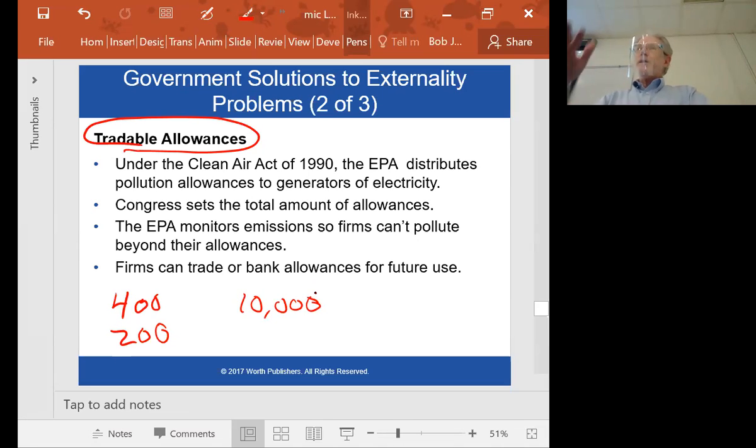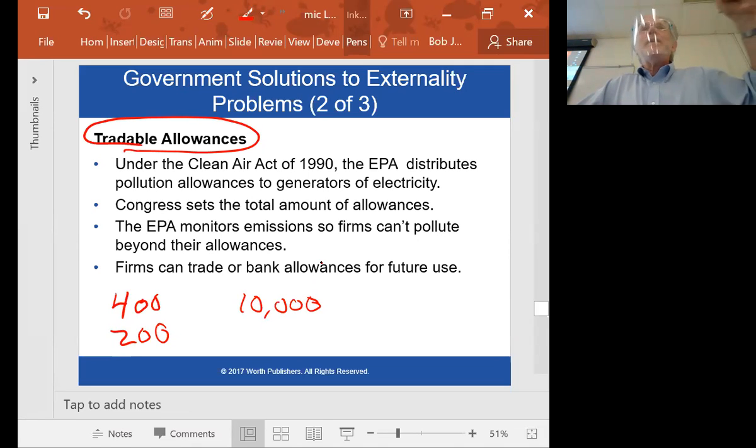Well, if you're just a private citizen or private group, and you think that's too much and you would like it to be lower, then you could raise money, go into that market, and purchase allowances for, say, 2,000 units. You buy those allowances, and then you just tear them up.